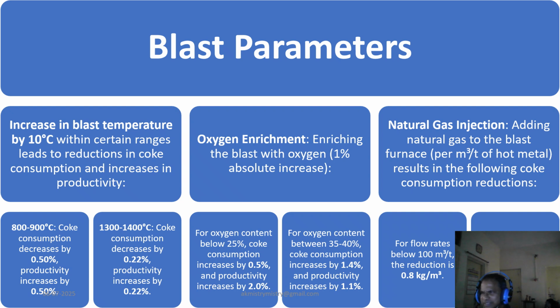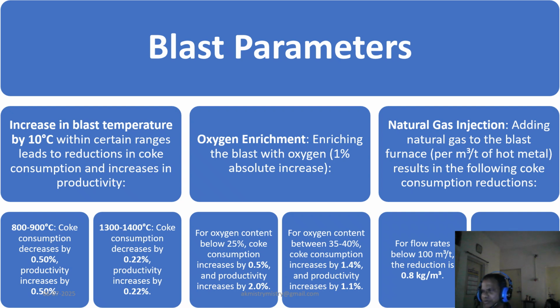So we can say increasing the blast temperature by 10 degrees in the 800 to 900 degrees centigrade range reduces coke consumption by 0.5% and increases productivity by the same amount. In the 1300 to 1400 range, these improvements are 0.22%. In a higher range, these improvements become lesser compared to the earlier.